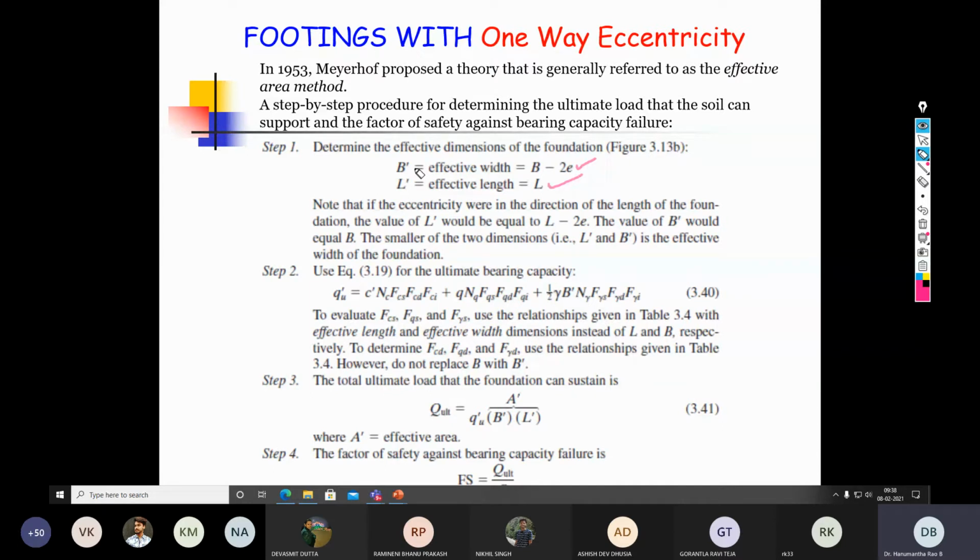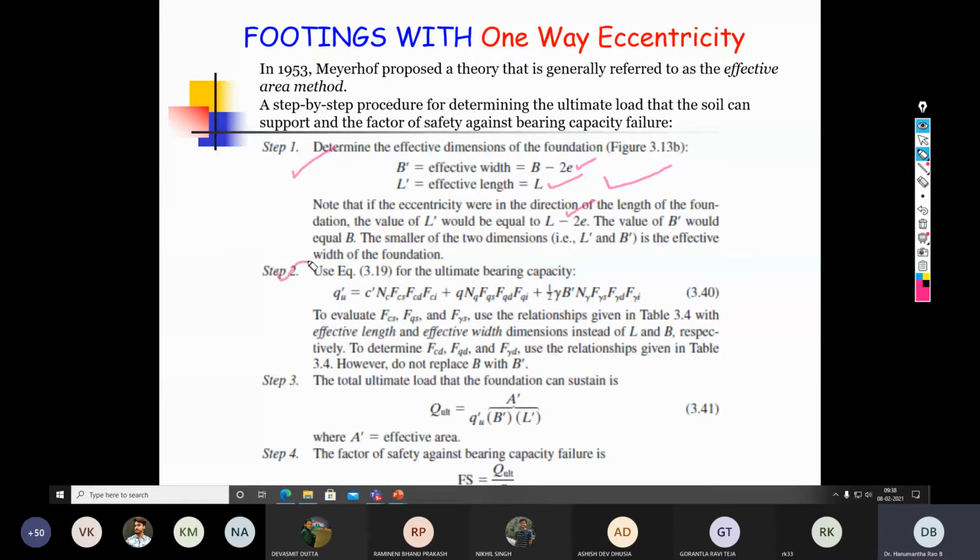In that case, your B dash is B, but L dash is L minus 2E. So you need to be a little attentive when you are reading the sum. Try to identify in which direction the eccentricity exists, either in the width or in the length. But the effective width or effective length concept must be applied only to either the width direction or the length direction, as demonstrated in step number 1.